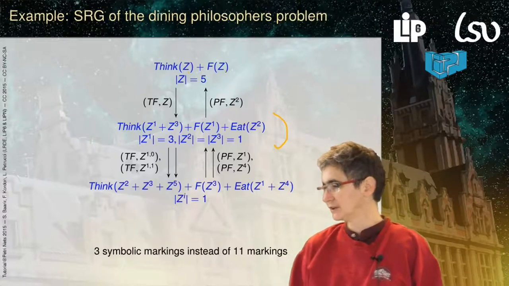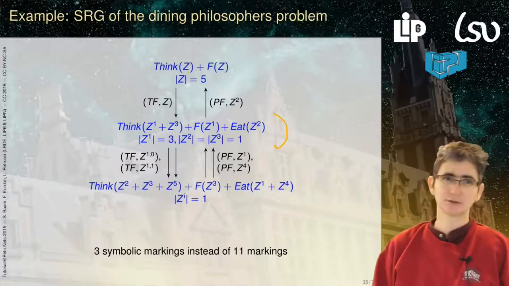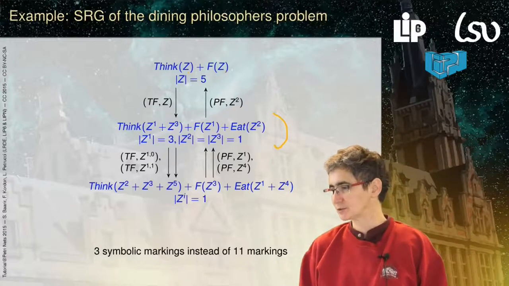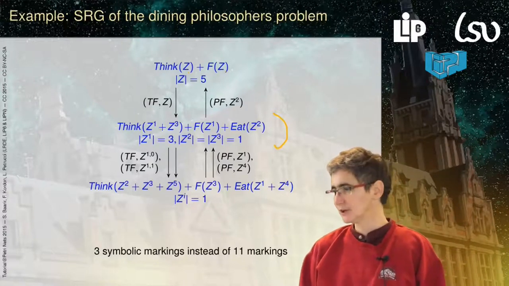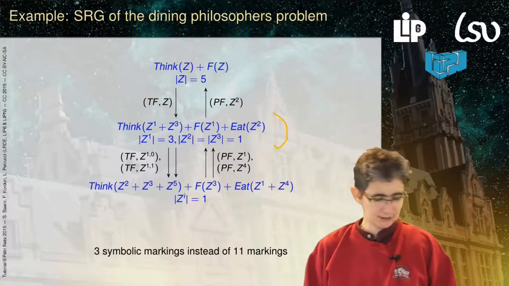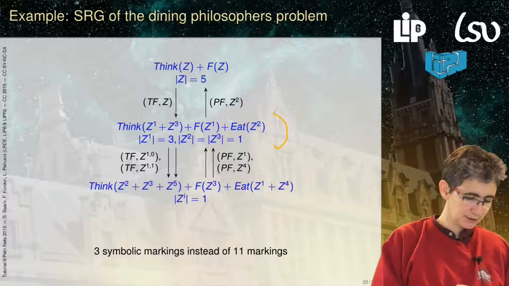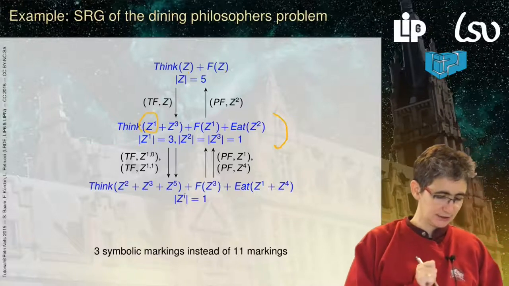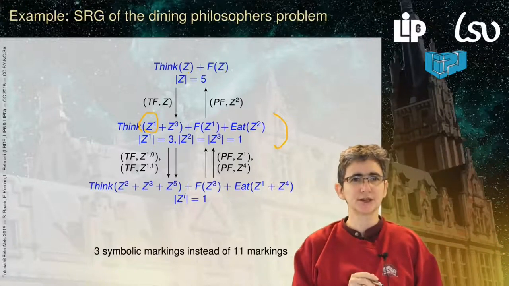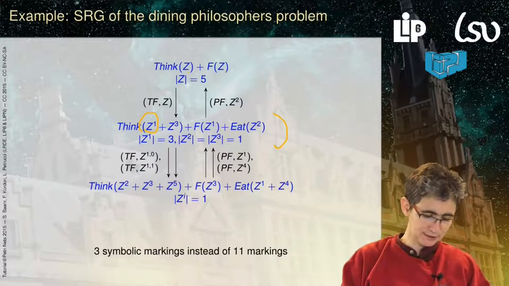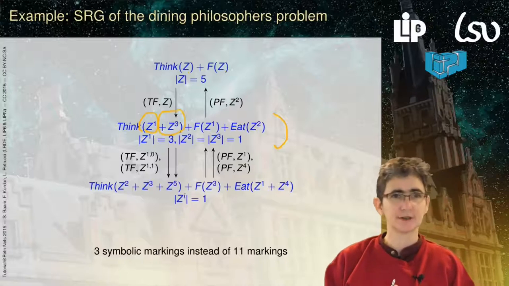One philosopher is eating, the one that was chosen. There are forks remaining available, and there are 3 of them. That was the example we had just before. We noticed that there are 3 philosophers in one of the classes that is represented in thinking, and 1 in the other one. Okay.